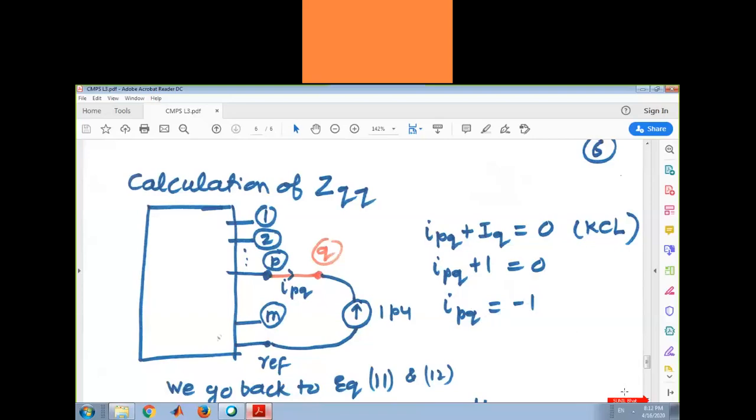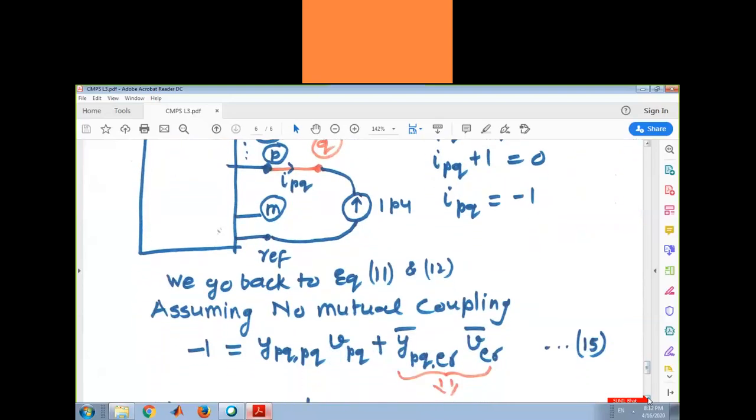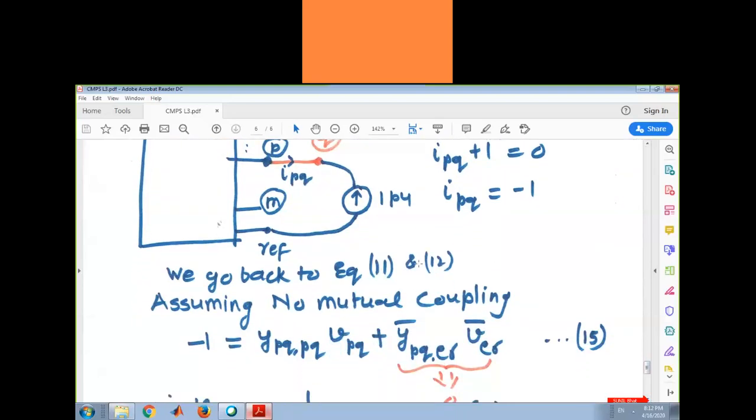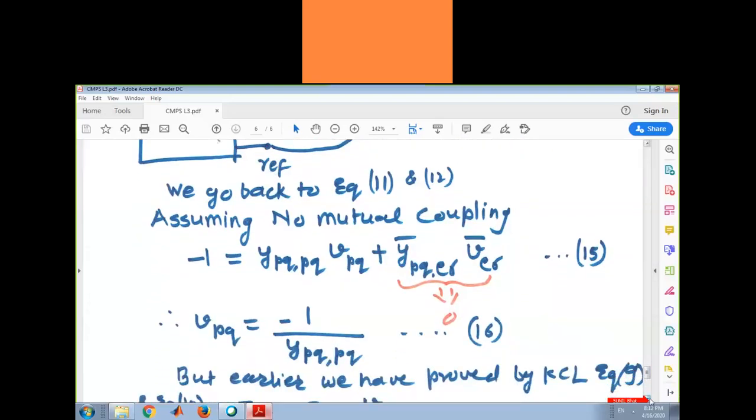So if IPQ is equal to minus 1, again in equations 11 and 12, if we go back we will see, minus 1 is equal to YPQPQ into VPQ plus the second term which we are neglecting. So this is 0 and therefore VPQ is equal to minus 1 upon YPQPQ.